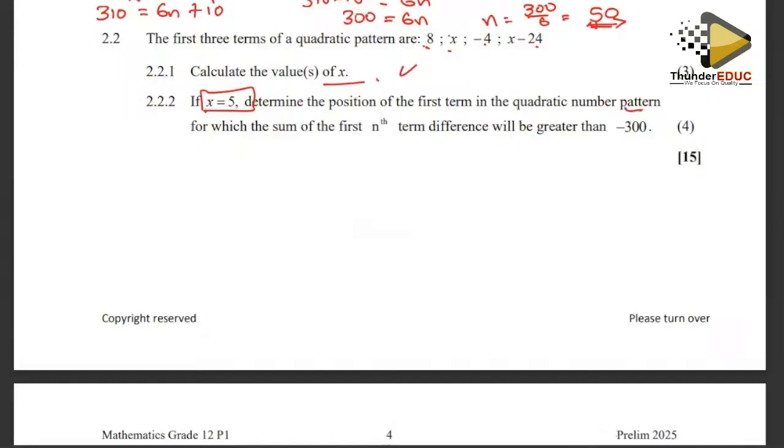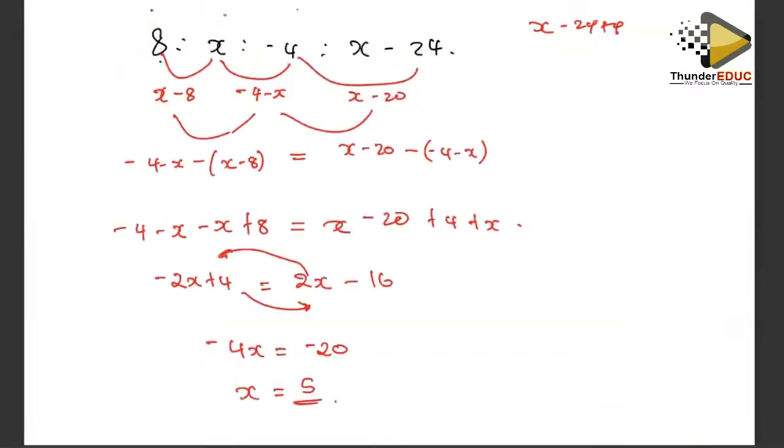determine the position of the term in the quadratic pattern for which the sum of the first nth term difference will be greater than 300. The sum of the first nth term difference. So we need to get the nth term for the first differences.